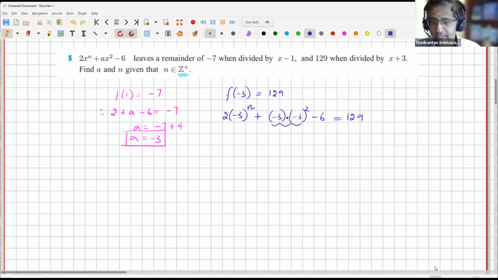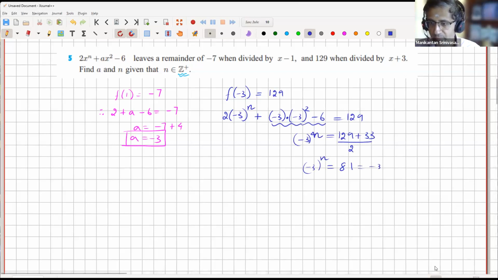So this is -3 times 9, which is -27. So -33 goes to the right as +33. And then divide by 2, it is -3 power 4, which I think is 81. Yeah. So therefore n is 4. I mean, n is not given here, but at this step we can infer that it's 4.